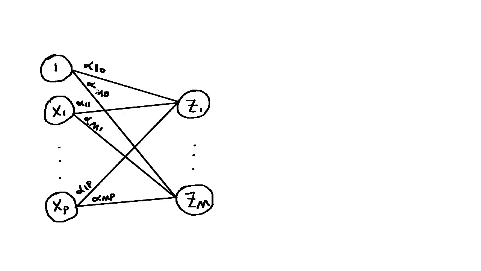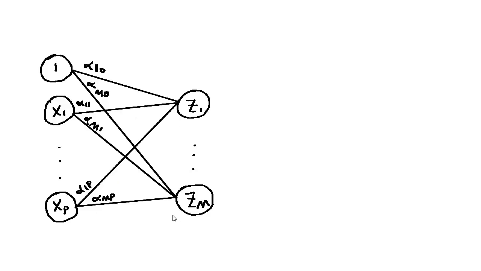Alpha m0, we're going from zm to x0, and alpha 1 1, we're going from z1 to x1. Alpha m1, we're going from zm to x1. Similarly for alpha 1p, we're going from z1 to xp, and alpha mp, we're going from zm to xp.